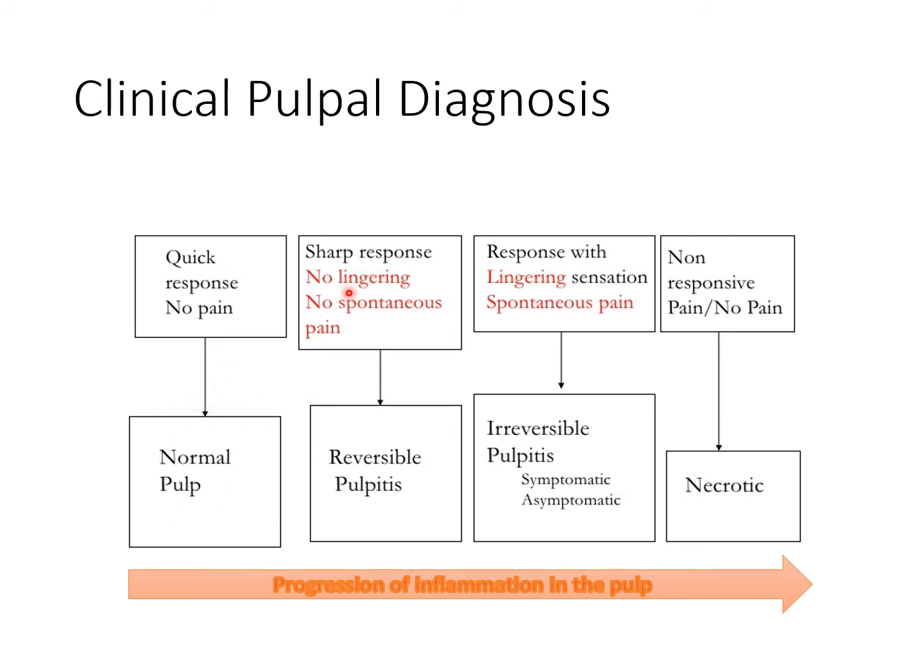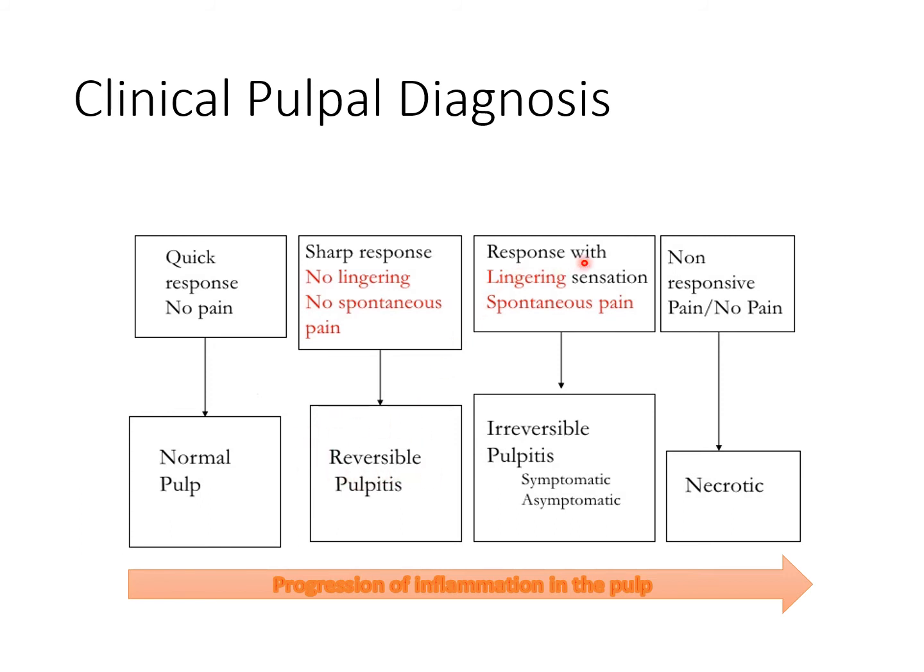Now if you have a sharp response which is not lingering and there is no spontaneous pain, spontaneous pain meaning pain that does not arise by itself, so it is basically provoked pain, and it only gives a sharp response that does not linger, the pulp status is reversible damage. Reversible, that means you can reverse the damage.